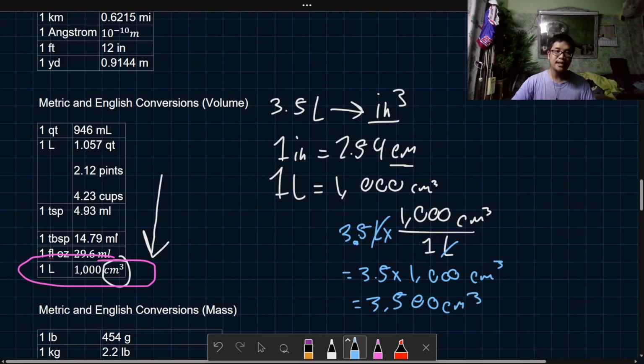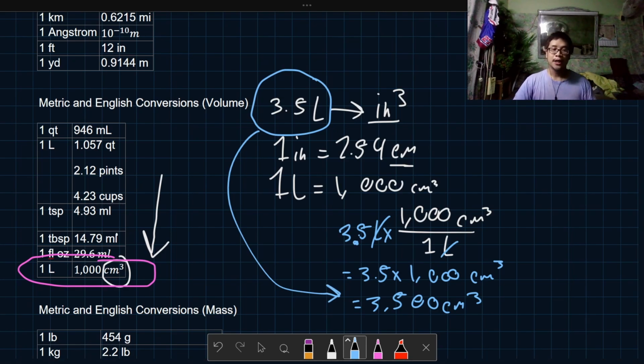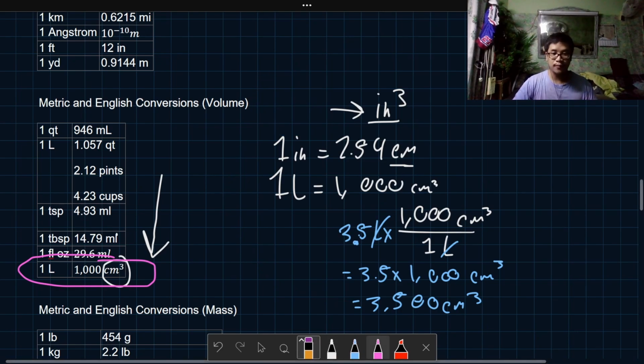Okay. So I think we can replace this because we found out that 3.5 liters is just equivalent to 3,500 cubic centimeters. So we can erase this one.